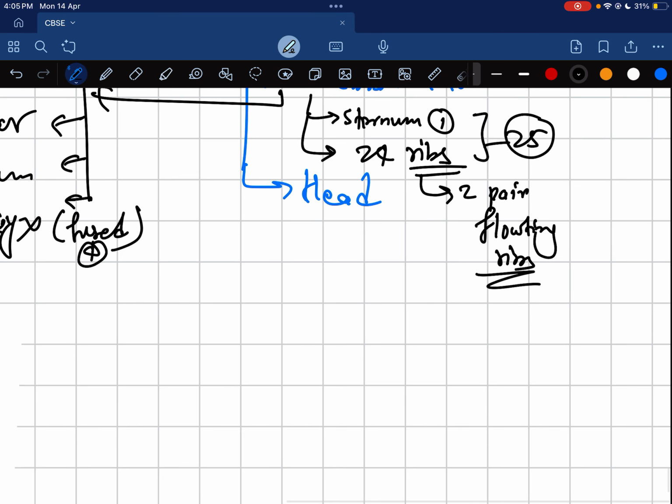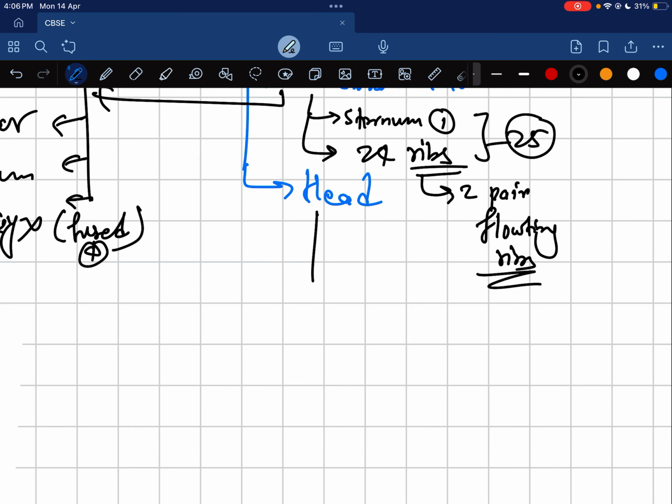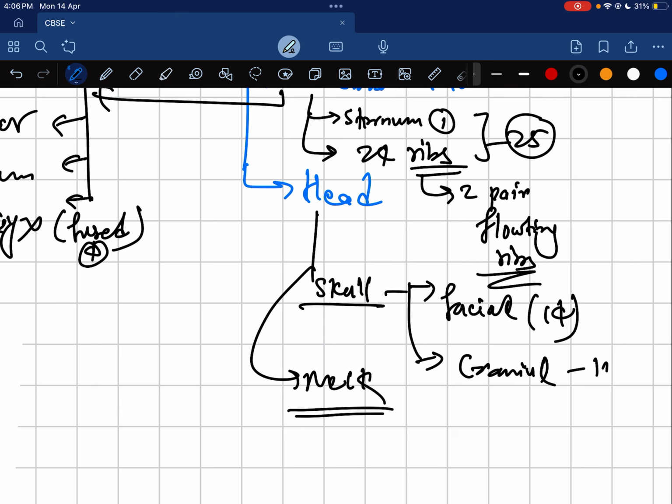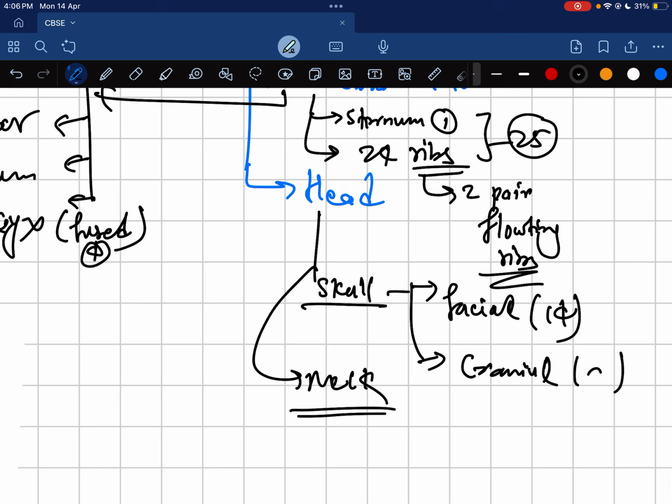Regarding the head, it is called the skull. The head is divided into the skull and the neck region. In the skull there are facial 14 bones and cranial 8 bones. When joined it's 22 bones in the skull.